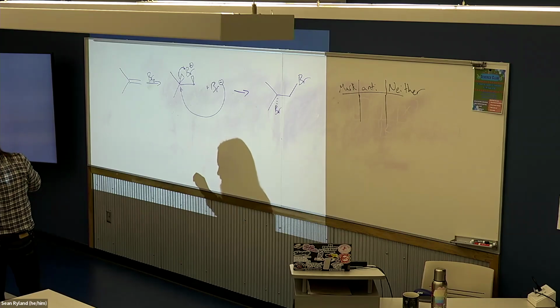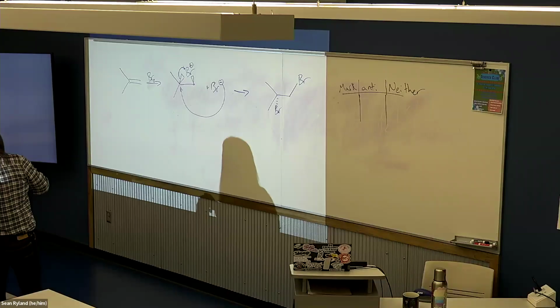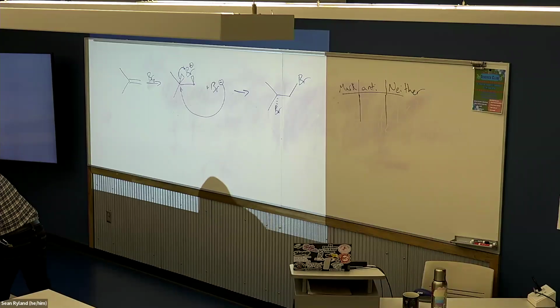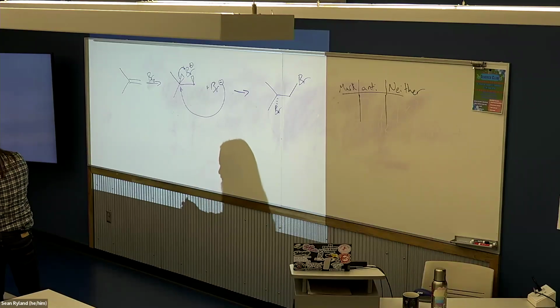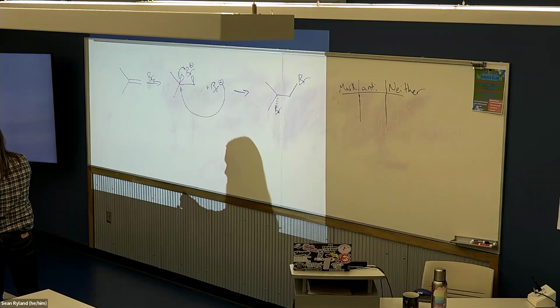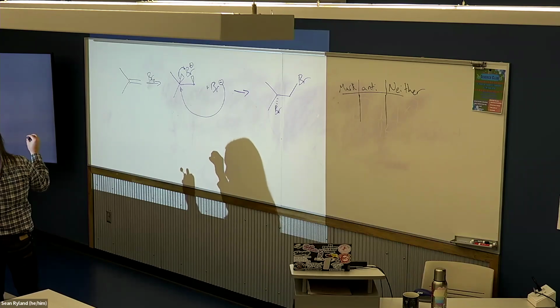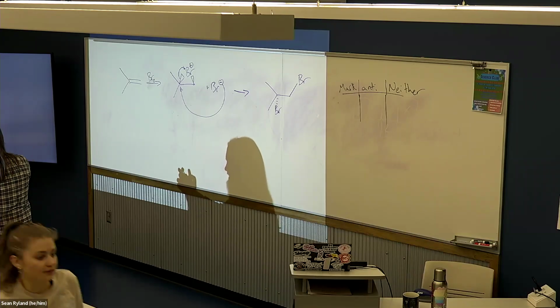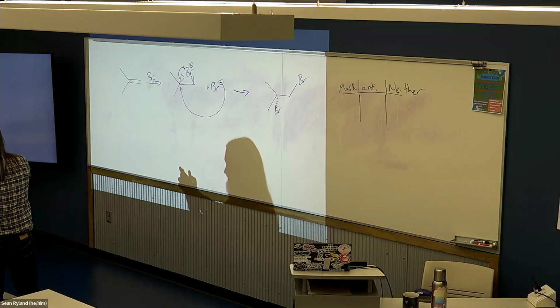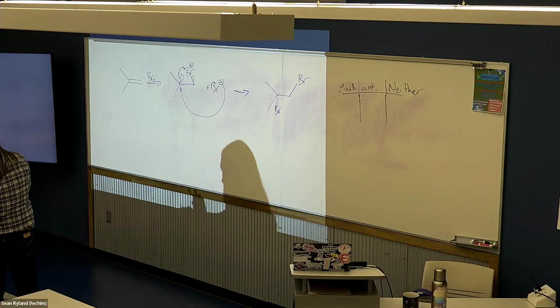So when this comes in here, first thing it does is break this pi bond, and it brings its own pair of electrons to make this unstable three-sided one. Then the second bromide is going to come in and attach from behind because it's bringing its own electrons.